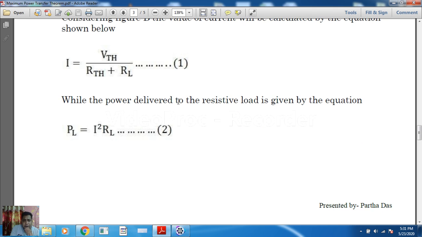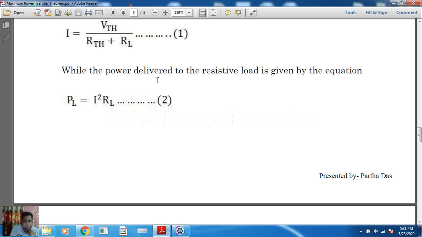Now see, this derivation is very important for understanding and for the semester exam also. So listen very carefully to what I am telling you. It is very easy to understand. First we have written this current equation, that is I equals VTH by RTH plus RL. Then we know that the power delivered to the resistive load is given by PL equals IL square into RL.